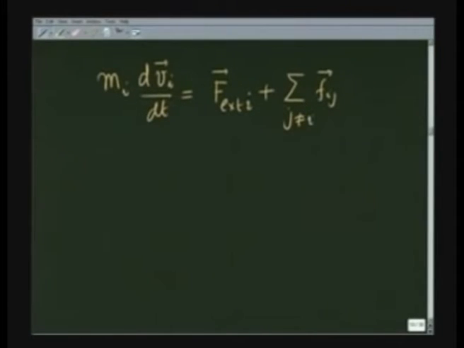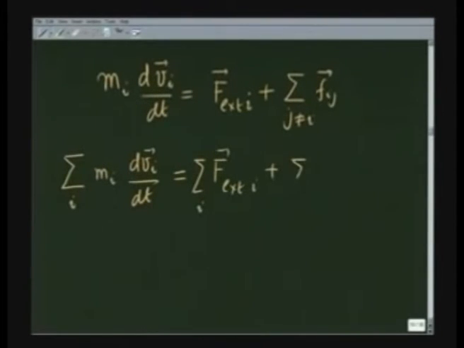To see how all the particles move together, I sum over i, so that I write this equation as summation over i of mi dvi/dt equal to the summation over i of F external i plus the summation over i and j, i not equal to j, of F ij. This is a generalization of the formula previously written for the two particle system.